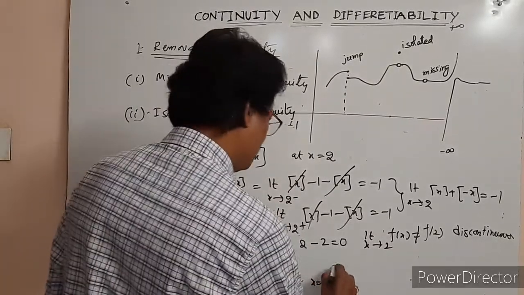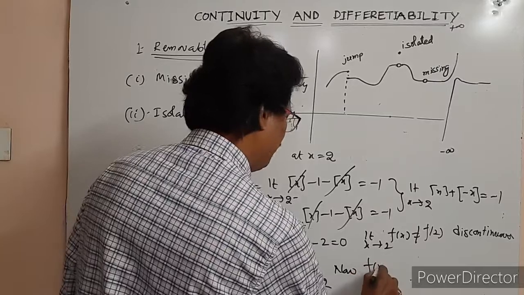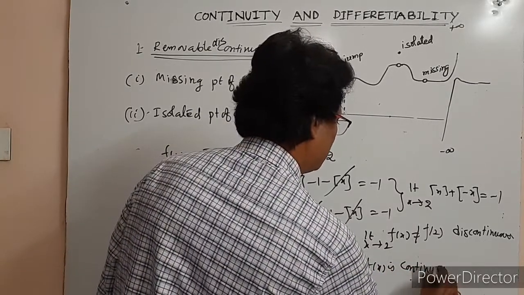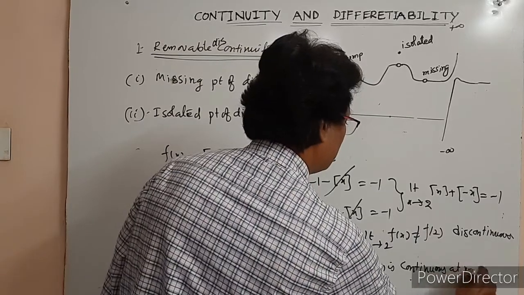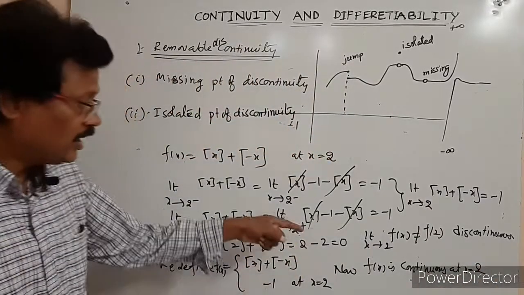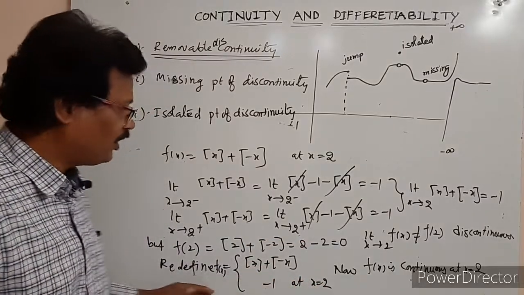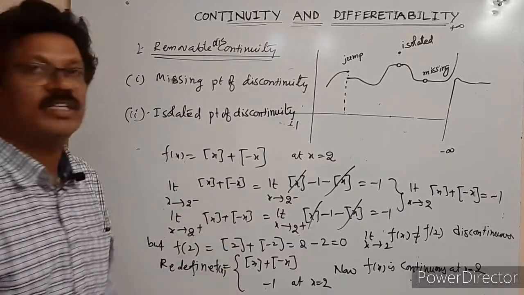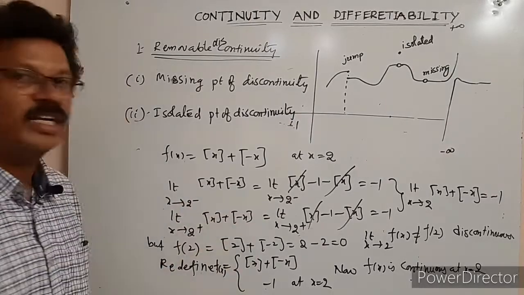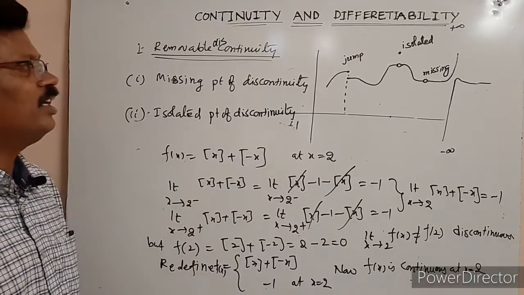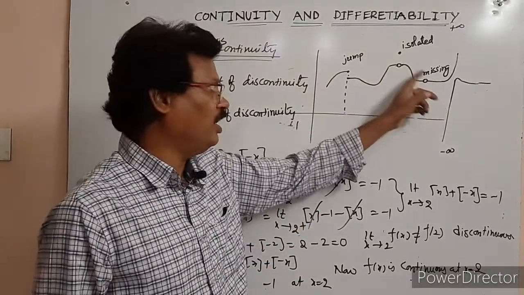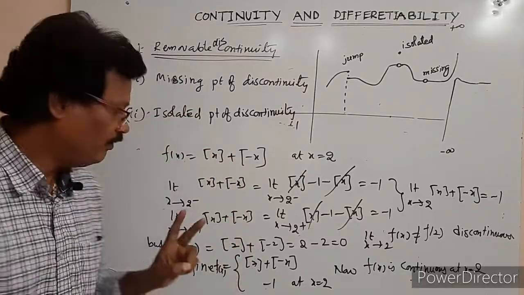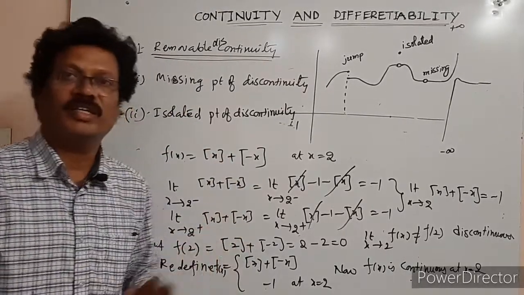Now this f(x) is continuous at x is equal to 2. A discontinuous function we are converting into a continuous one. Therefore this is called removal discontinuity. Where can we remove the discontinuity? In the missing point of discontinuity and the isolated point of discontinuity. In these two cases only we can remove the discontinuity.